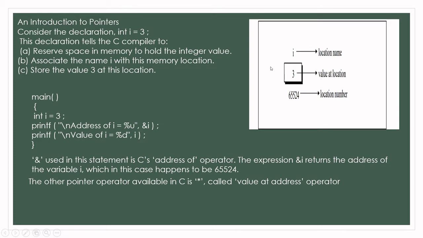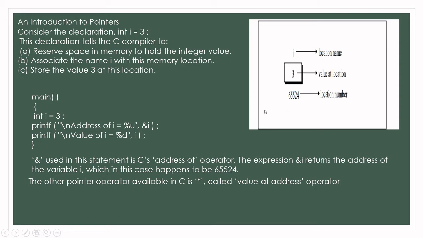You must reserve space, associate the name i, and store the value in this memory location. For example, i is equal to 3, so there is a location number, which is known as the address number, and the value is i.